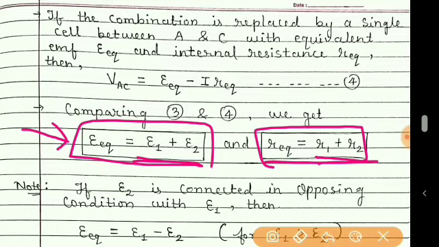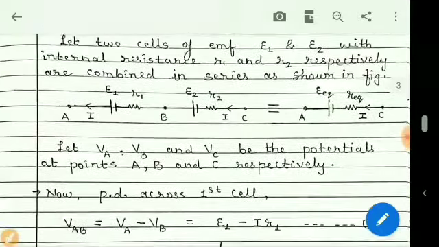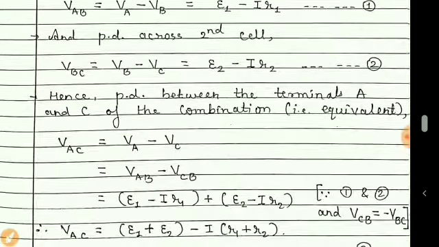Now students, if this cell is connected opposite, meaning the negative terminal is this side and positive is this side, then what do we have to do? We have to simply change the sign.